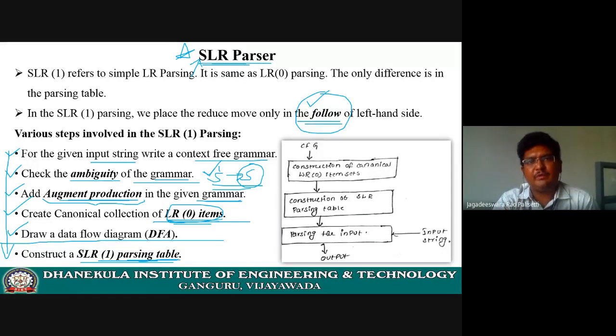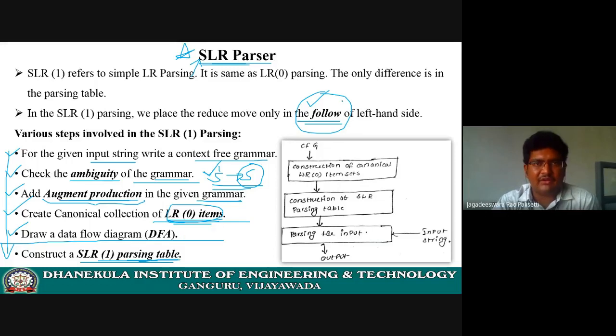If you observe, why are you getting conflict? For example, there is a state called a reduce state, reduced by some production number. Let us take R3. This particular R3 we would have to write in every column of the terminals. Am I clear? So that leads to some conflicts. That's why here we depend upon the follow function.